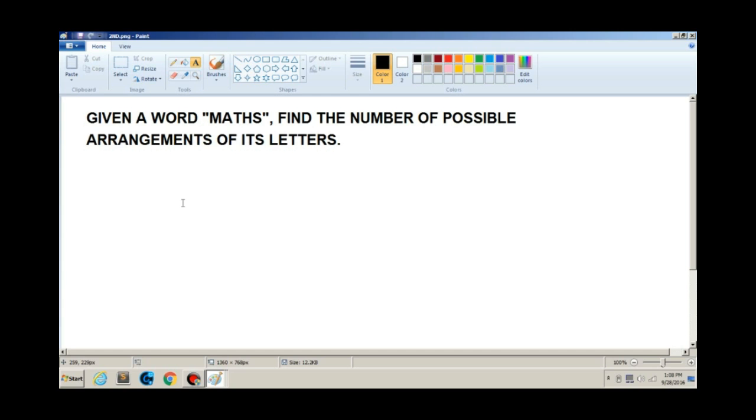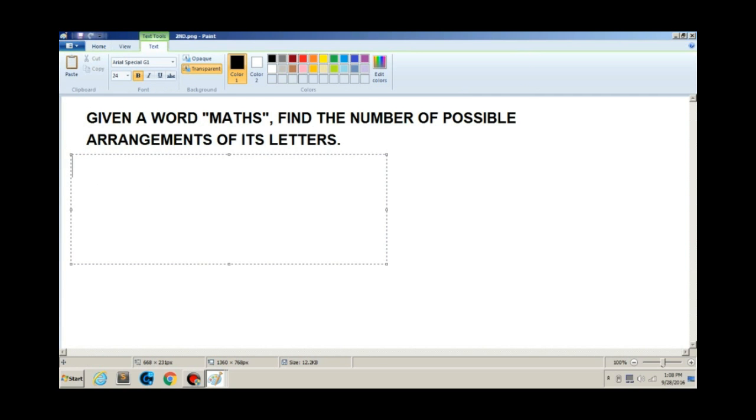So what we're going to do is find the value of n and nothing else. There are 5 letters, and our n would be 5, because n is the total number of objects.